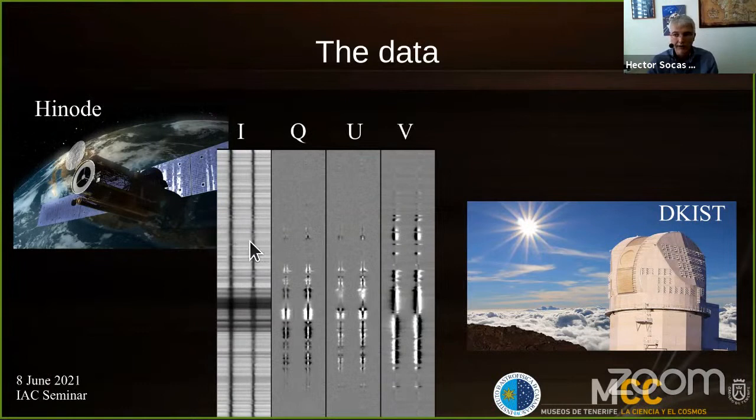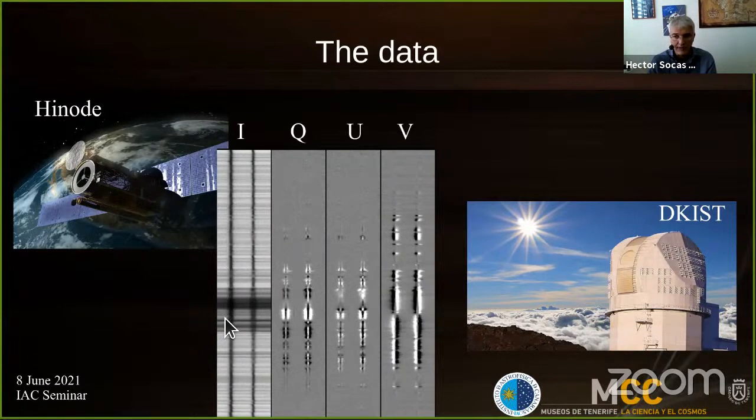And the horizontal direction is the spectral dispersion. So you have here two spectral lines. It's a very, very tiny spectral window, about 2 angstroms. This is very high spectral resolution observation. You can see the line shifted to the left and the right according to the granulation.